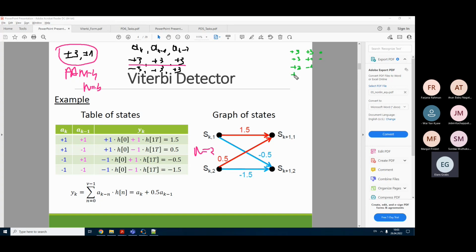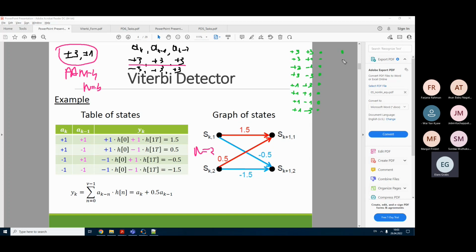Minus 1, plus 3, minus 3. Then plus 1, plus 3, plus 1, plus 1, plus 1, minus 1, plus 1, minus 3, and so forth. I'm not going to draw all 16 of them. It will be sufficient for now.